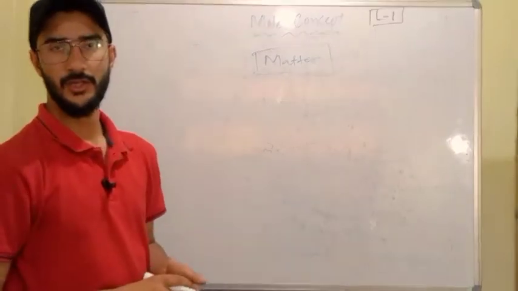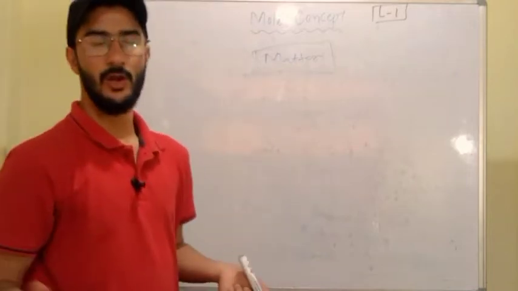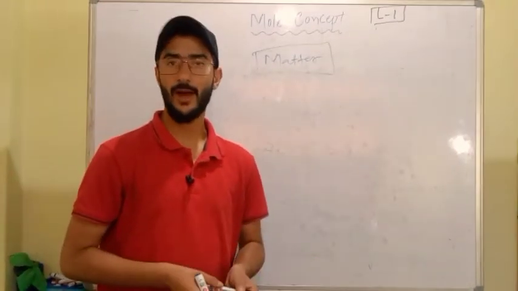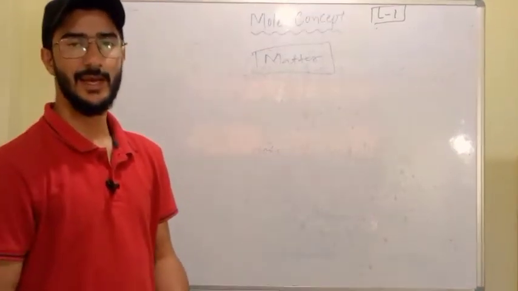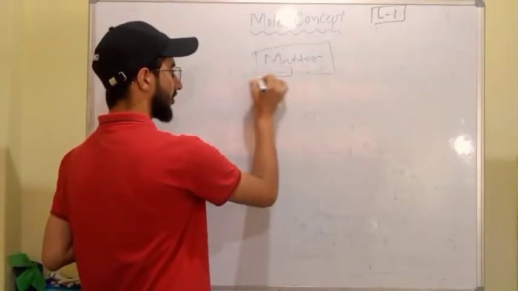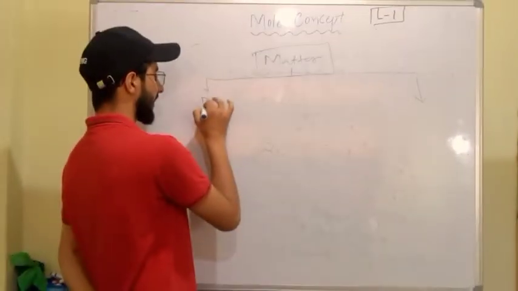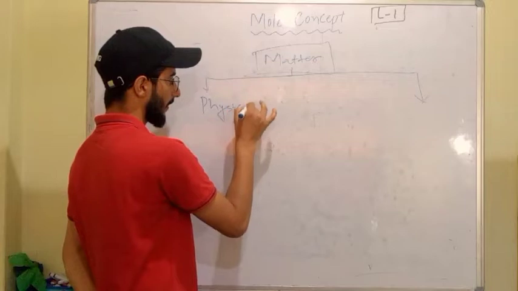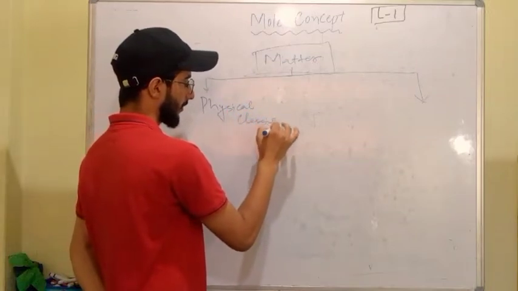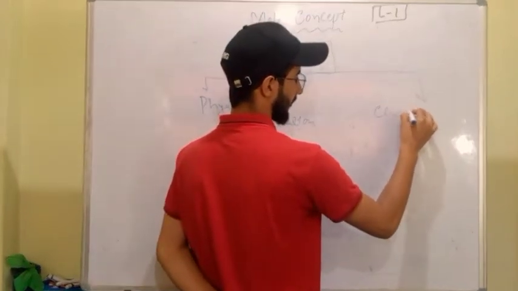Anything that has shape, size and volume is said to be matter, or which we can feel by any of our five senses, that thing is called matter. Matter can be classified into two different classifications. One is the physical classification, and second is the chemical classification.